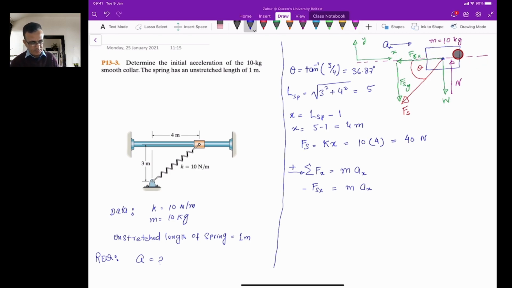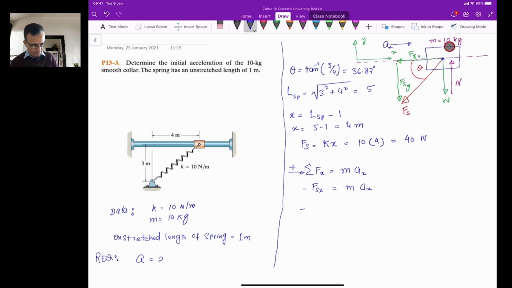If you put the value of Fsx, which you can calculate from the angle and Fs, because this is adjacent to angle theta, it will be just Fs cos of the angle.